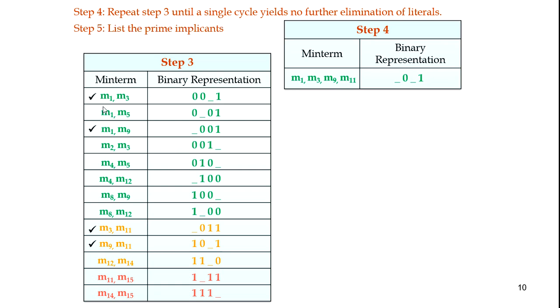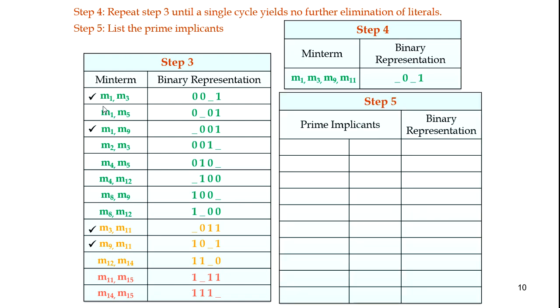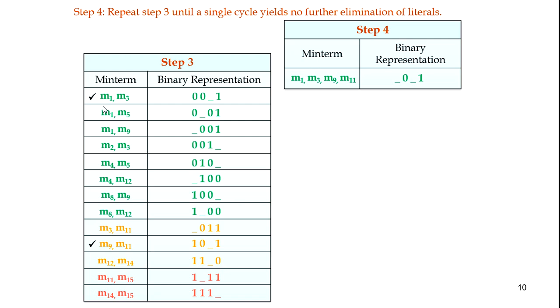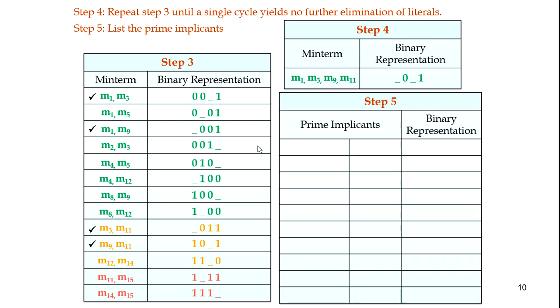Here we have mapped first 1, 3, 9, 11. Again we have got another combination which is M9, M11 and M1, M3, which is the same binary representation. So we can skip it for repetition, but we have to tick the terms in the corresponding columns. So next we have to list the prime implicants.